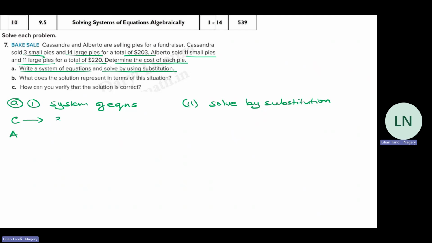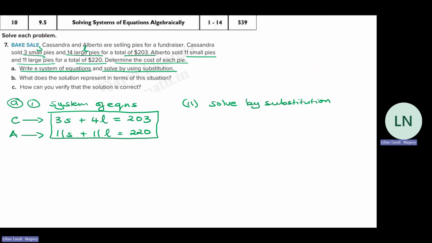Cassandra's will be 3S plus 14L. Small pies you're going to represent by the letter S, and large pies by the letter L. Alberto has 11 small pies and 11 large pies. Cassandra's total is 203. Alberto's total is 220. And there is your answer for your system of equations.